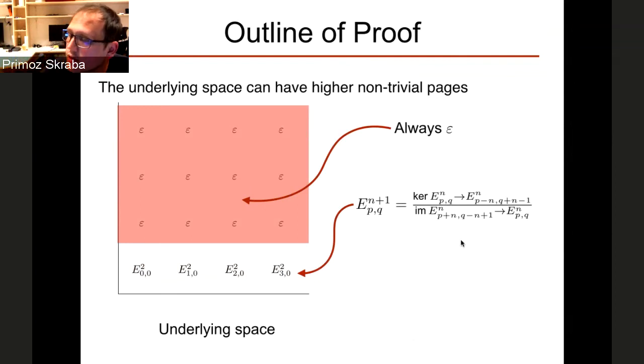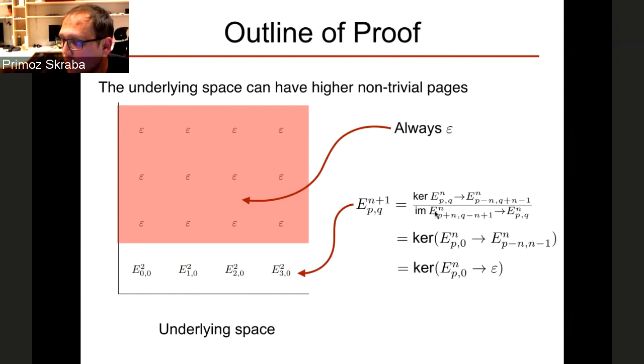We need to compute the full formula, but actually we can even simplify it. So the first thing to note is that because it's on the first row, everything comes up from below it. So we can ignore the image, right, because it's mapping from 0 into it. So we can completely ignore this quotient. So we get this kernel, and it's always going to map up into this pink part, or 0.